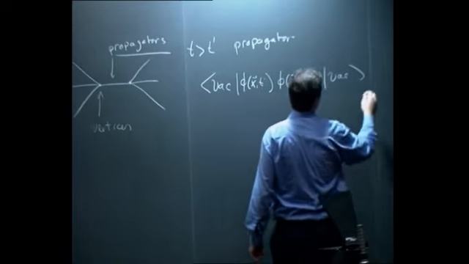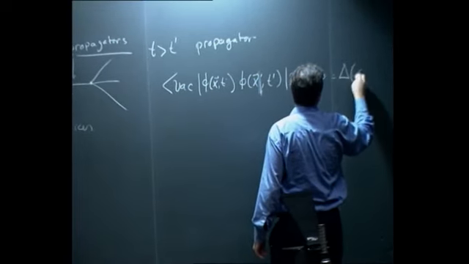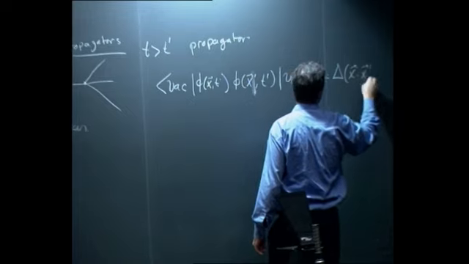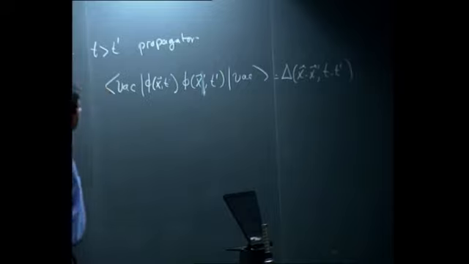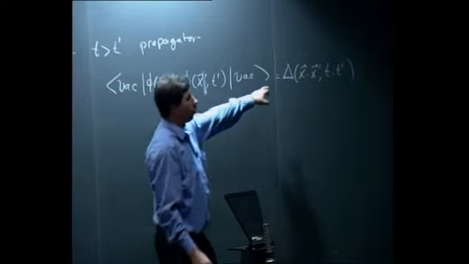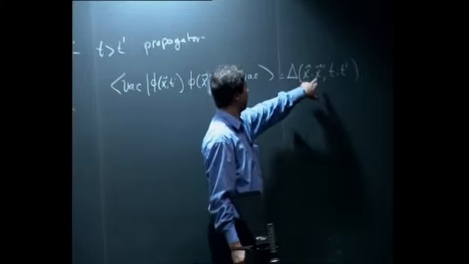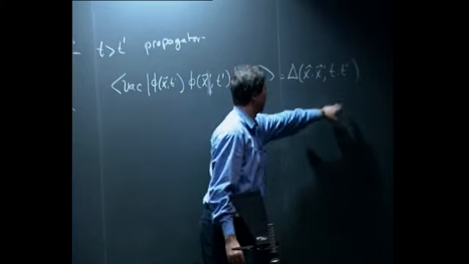It's denoted with delta of x minus x prime, t minus t prime, because it turns out to always be a function of the difference between the positions and the difference in time.